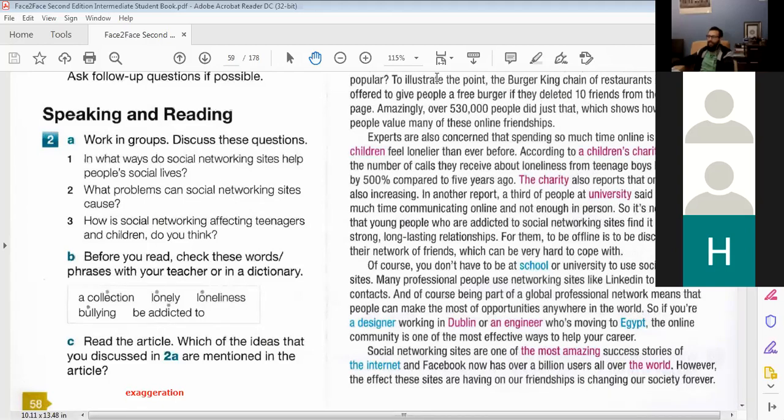Yeah, because they have all the local news, what's going on, what happened, who killed who, who bought who. They immediately put the news.